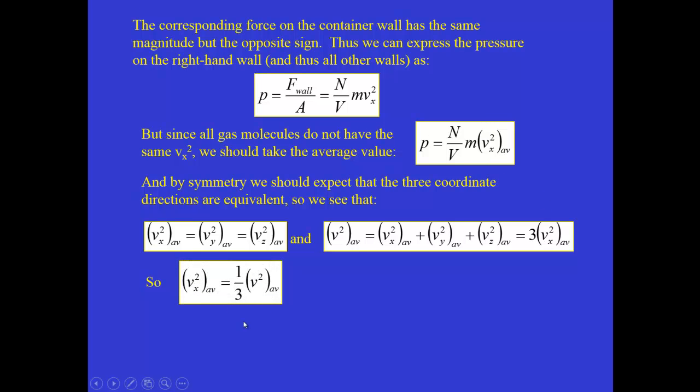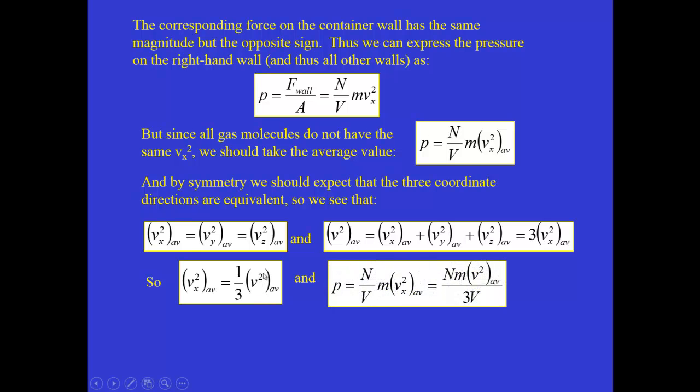What does that give me? Well, v_x squared average then becomes 1/3 of the average of the square of the speeds of the gas molecules, and that allows me to write down the pressure now in terms of the average of the square of the speeds and not in terms of any one component.